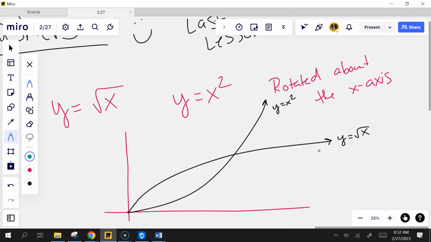I should do it in a different color. What am I rotating about? Do you see that funny little shape that I'm rotating? It's going to leave space. That's exactly right.